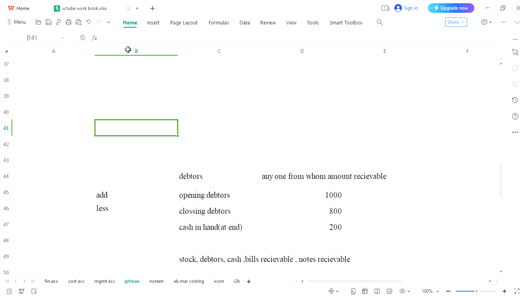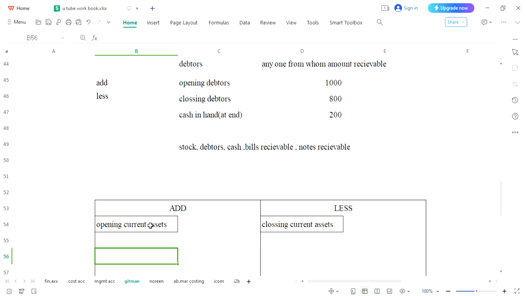So what was discussed: stocks, debtors, cash, bill receivable, notes receivable, all these are considered current assets. So we have decided all opening current assets would be added, all closing current assets would be subtracted. We have written the name of closing current assets under less. And we have learned from this.